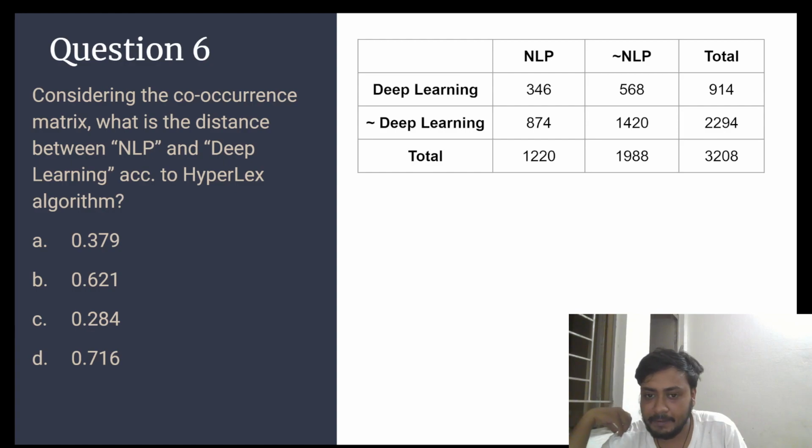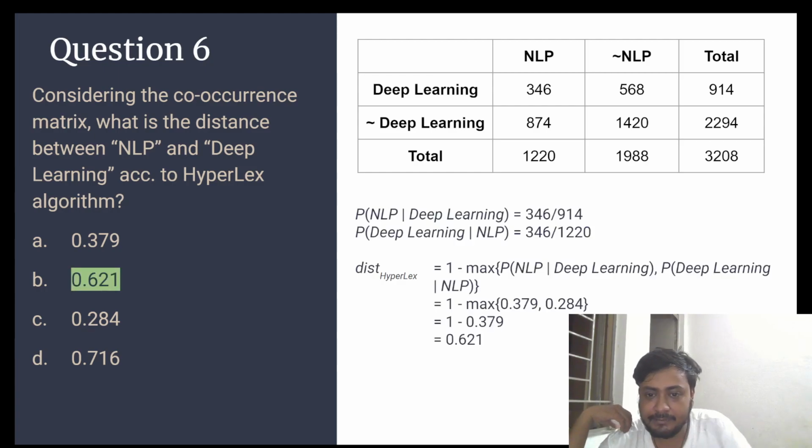Anyone? So we need to calculate two probabilities. What are those two probabilities? Okay, let's go over the formula then.